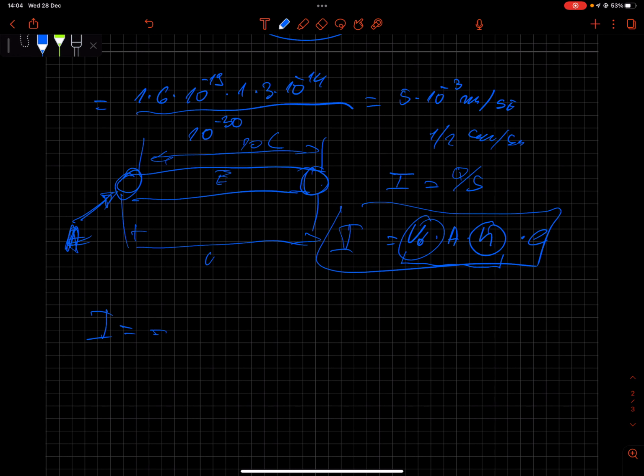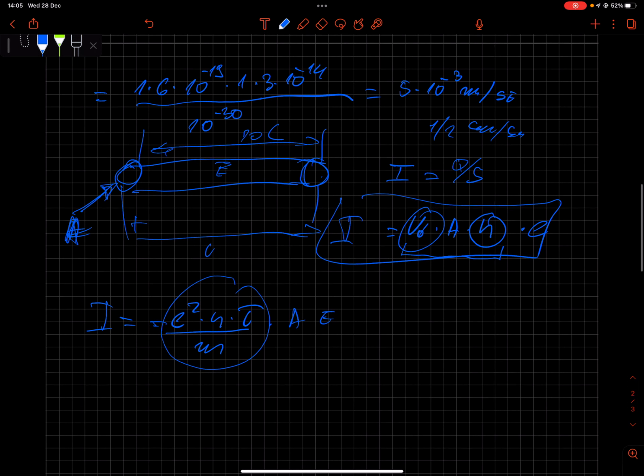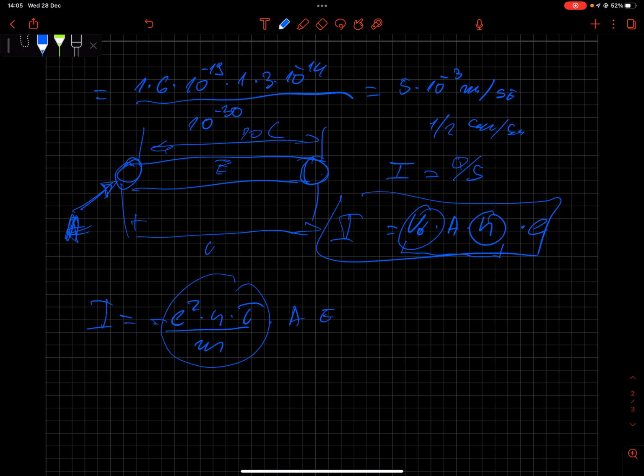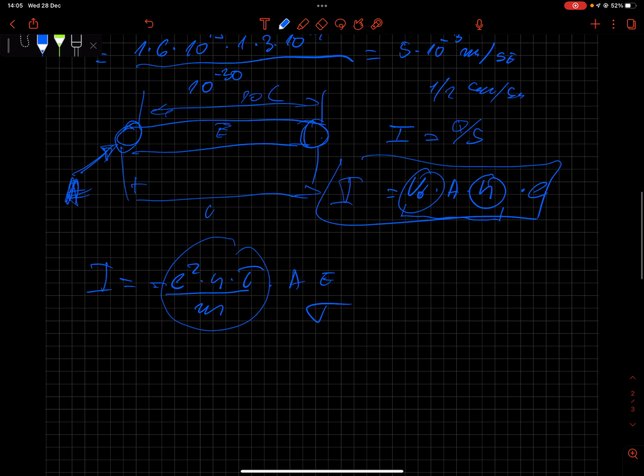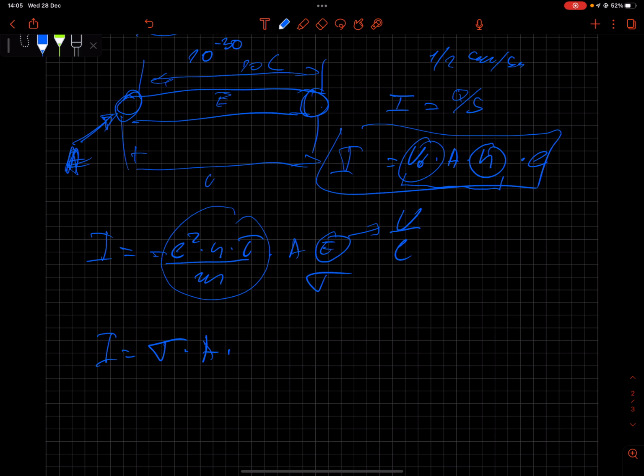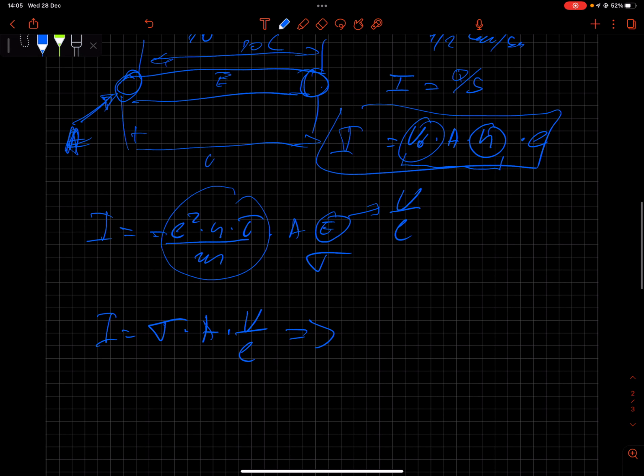So we have the charge squared times n times tau divided by mass, times the cross section A. And this here is actually sigma, or conductivity, and we can write sigma times A times the electric field, which we can replace with V divided by L. Now we can rewrite this formula like this.